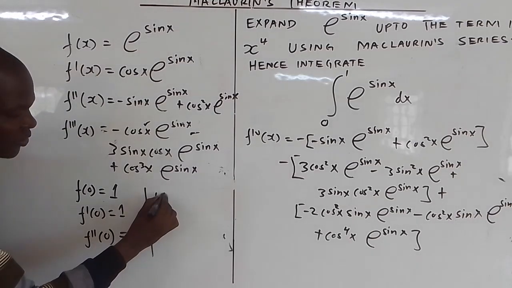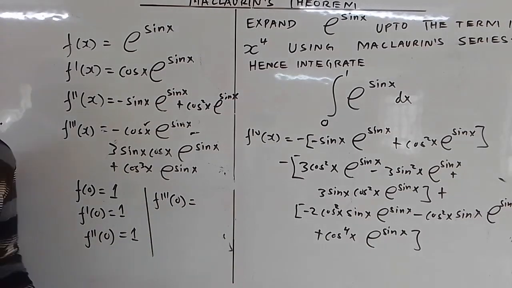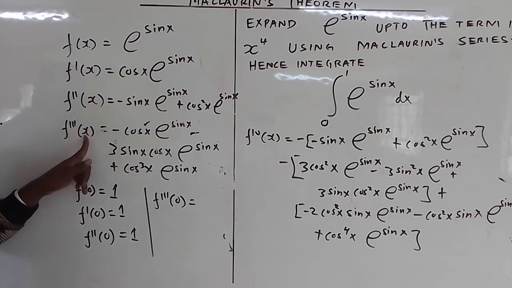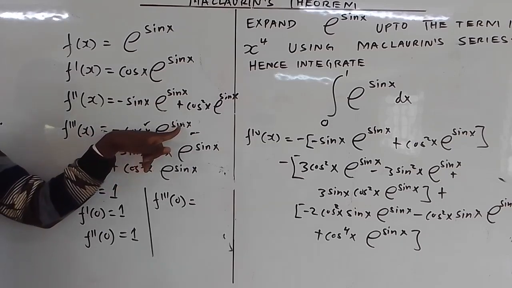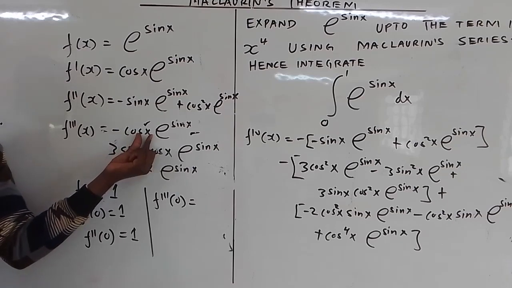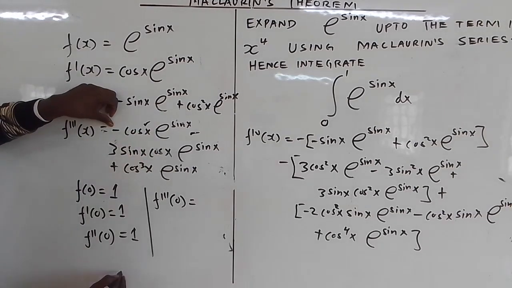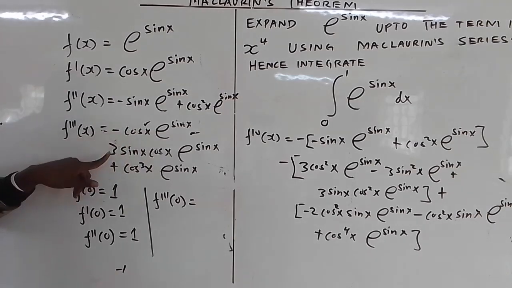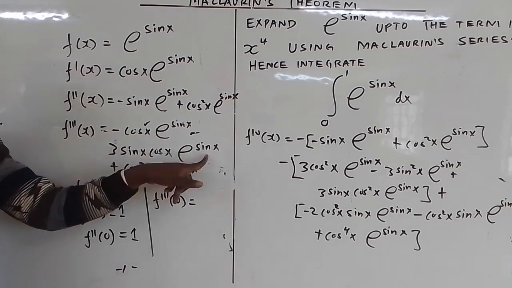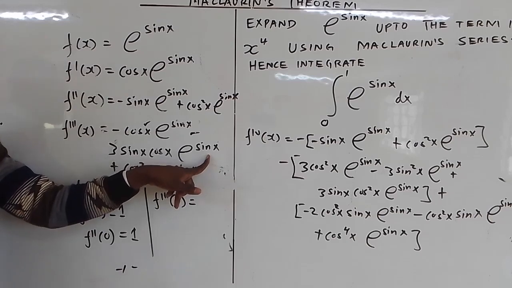Then you move to the third derivative of 0. Where there is x, you put 0. Exponential 0 is 1. So here cos 0 is 1, isn't it? See, this now is negative 1. Then it is minus what? Here is already the sine 0, meaning the whole of this goes to 0, because sine 0 is 0.